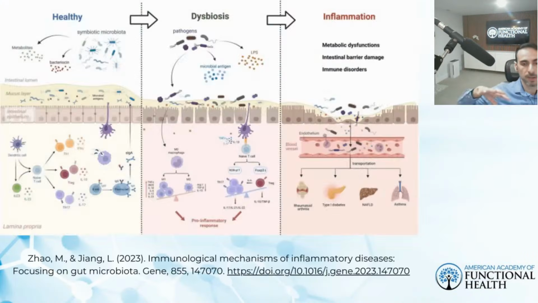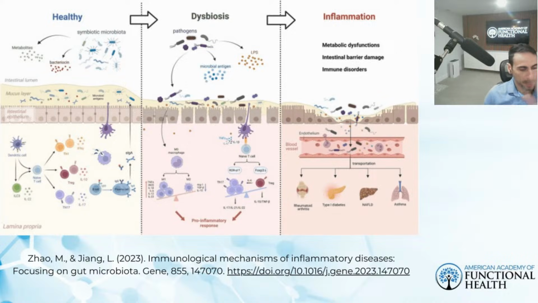I wanted to show you this really interesting image because it's a slightly different way to look at healthy, dysbiotic, and inflammation. It will hopefully help us make a better connection: how do these patients develop these epigenetic factors that lead to the development of autoimmune conditions or chronic inflammation?